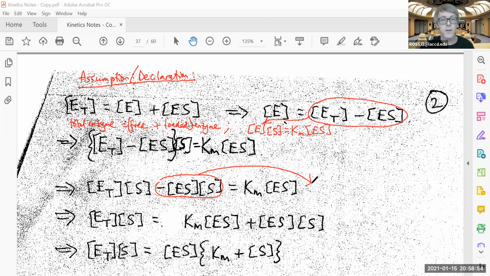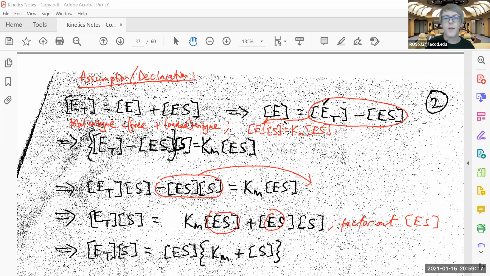So I've isolated a term on the right that has a factor of ES in common, so I can factor out that ES because it's present here and here. So we factored it out.